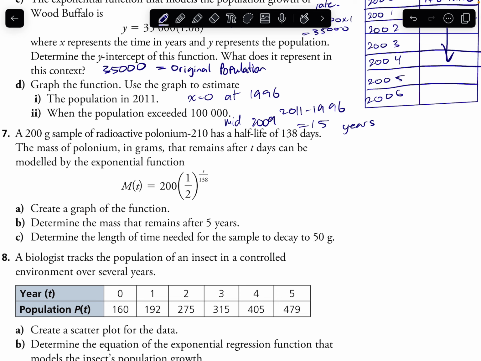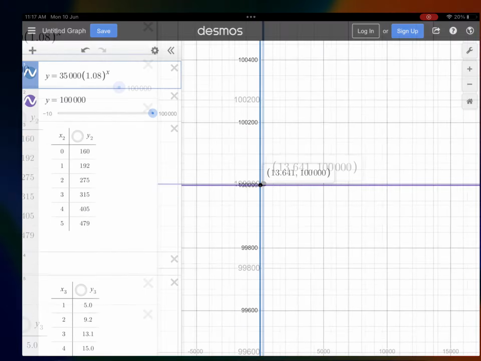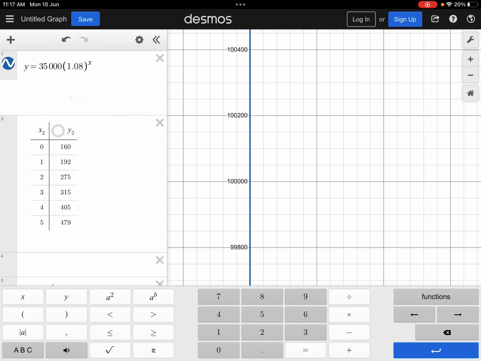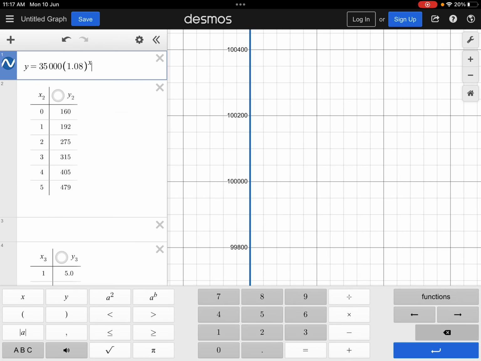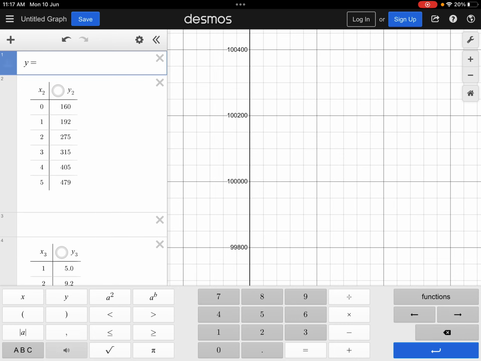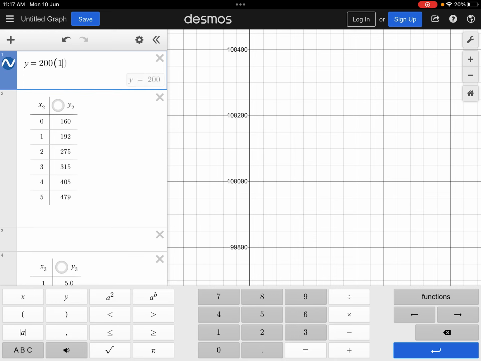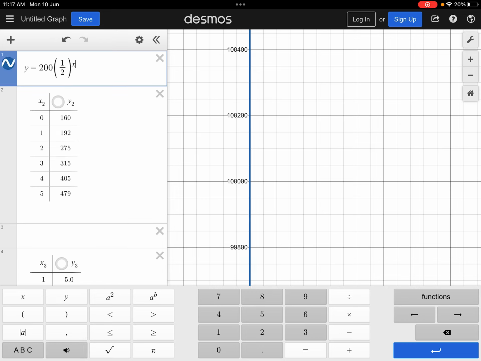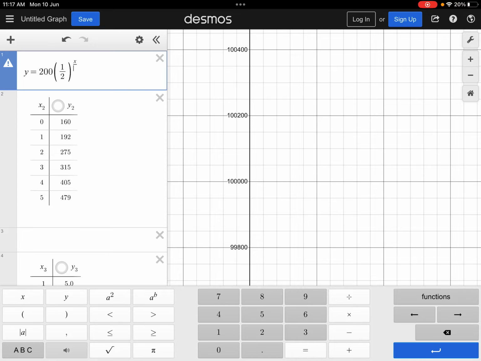Create a graph of the function. 200 times (1/2) to the power of x over 138. Sweet.